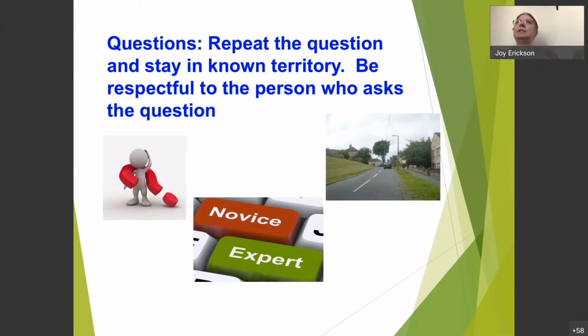So when someone asks a question, repeat the question. That helps you to A, make sure that you understood what they're asking you, and B, make sure that you have a little time to process, what am I going to say? And you should stay in known territory.